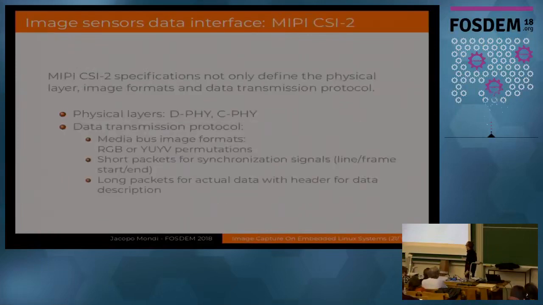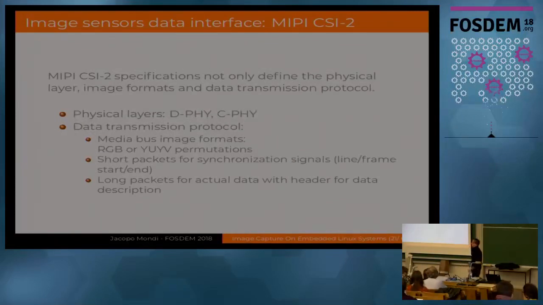From the other side, we have what is called MIPI CSI-2, which is much more than the definition of just a physical protocol. MIPI CSI-2 defines a protocol for transmitting images, describing what we're sending on the bus, and can be based on two different physical layers, and defines a set of image formats that are accepted.